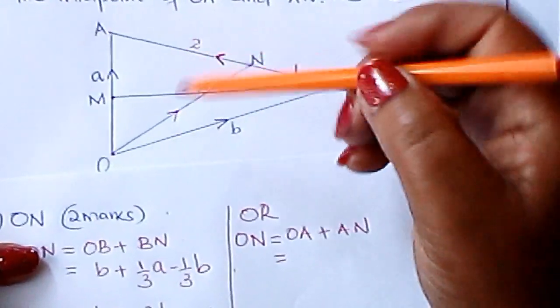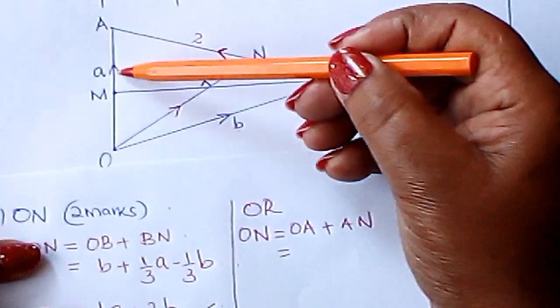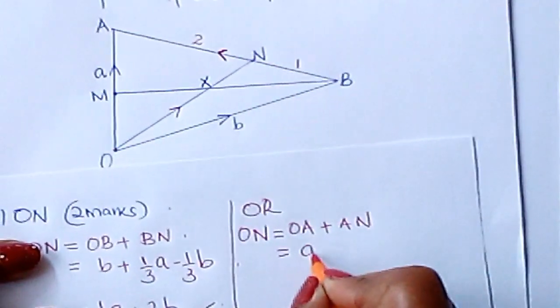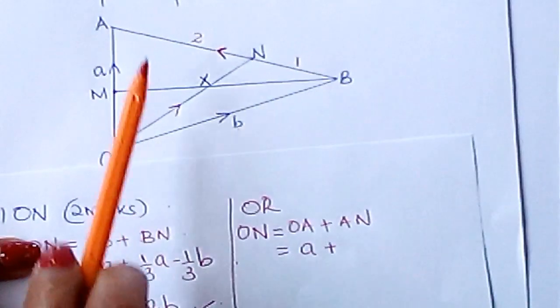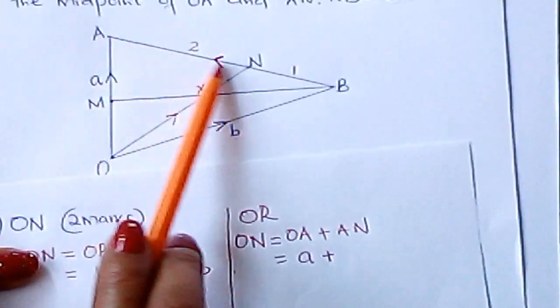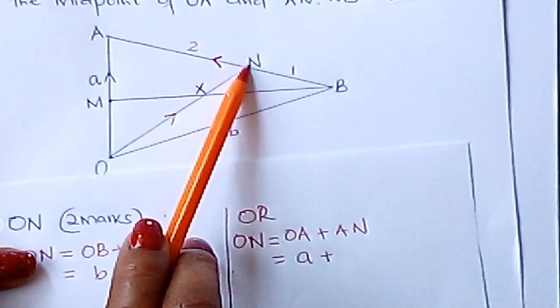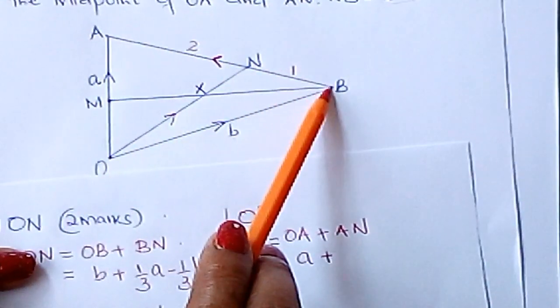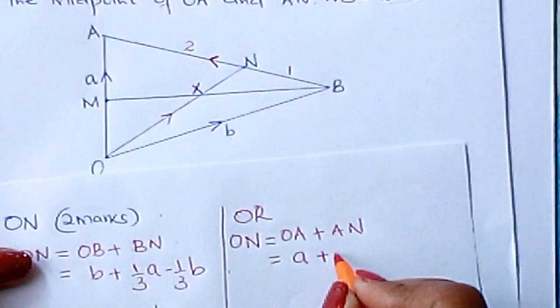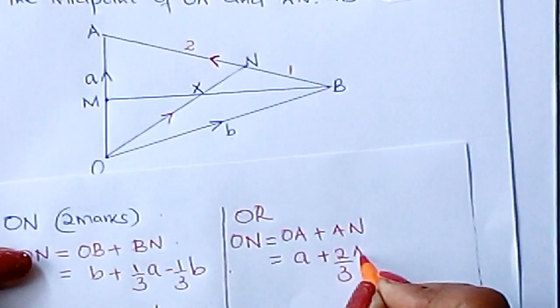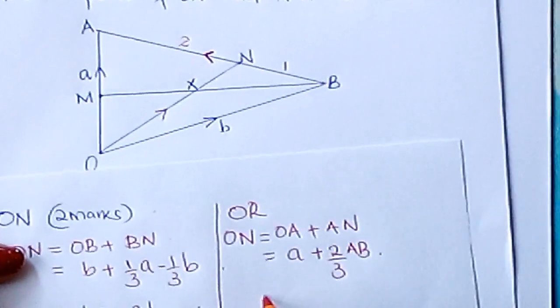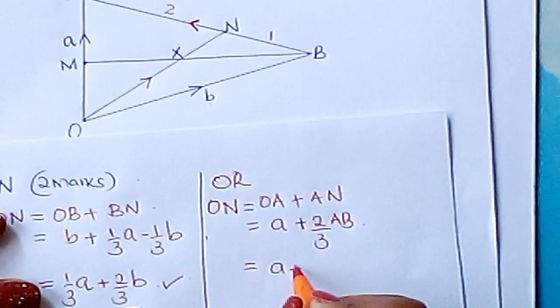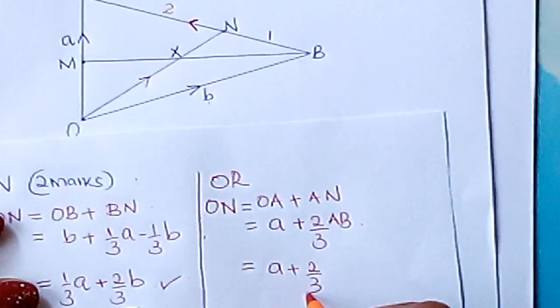Our OA, Lana, from the diagram, OA is small a. Our AN, this one here, is a fraction of AB. It is 2 out of 3 of vector AB, which is equals to A plus 2 over 3, Lana.